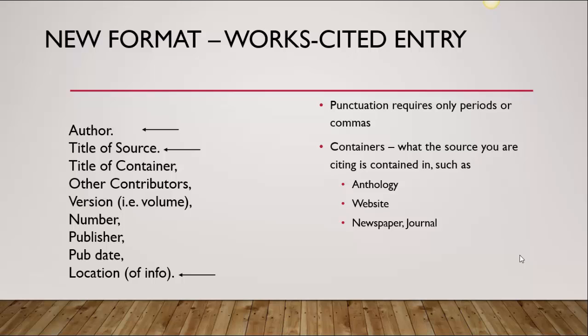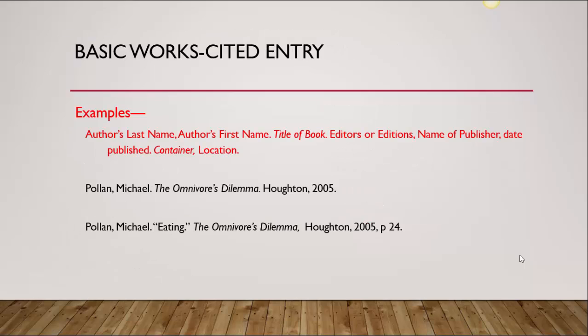Let's take a look at a simple works cited entry. Here's the works cited entry for Michael Pollan's The Omnivore's Dilemma. Now, if you are citing this source multiple times in your essay, here's what your works cited entry would look like.